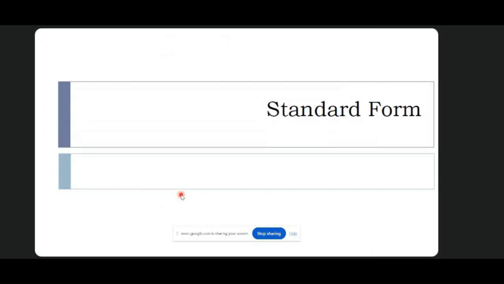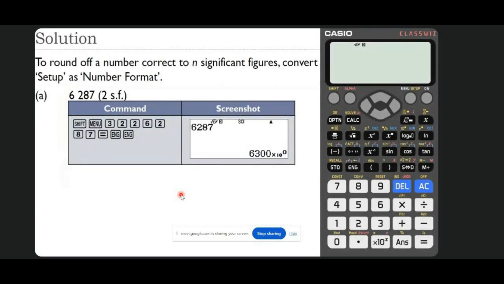Okay, for the standard form. So for standard form, you can convert this into two significant figures by pressing Shift, Menu, and then you need to choose number 3, number format, and then you will see Fix, SCI, and Norm.